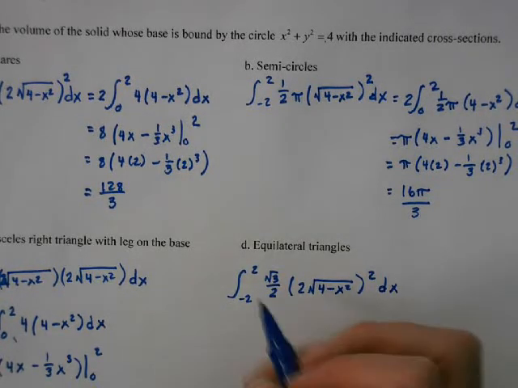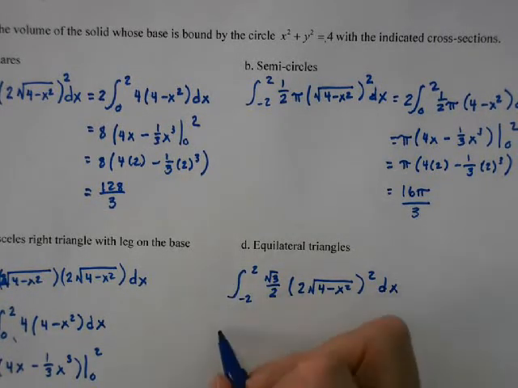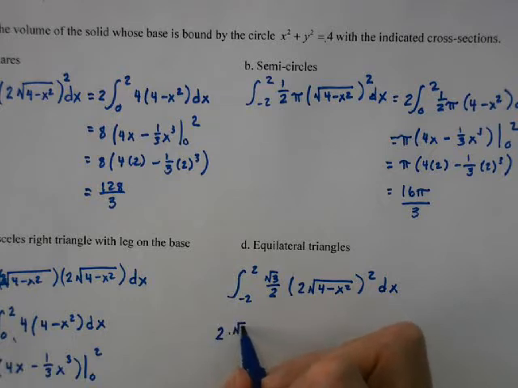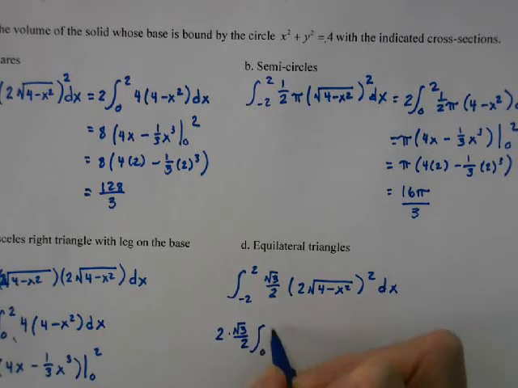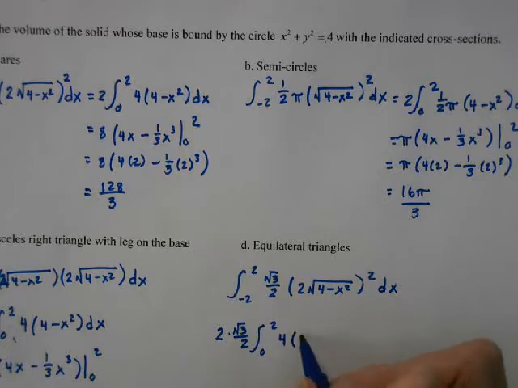So we're going to have 2 times root 3 over 2 times the integral from 0 to 2 of 4 minus x squared, okay, and we get the same math again.